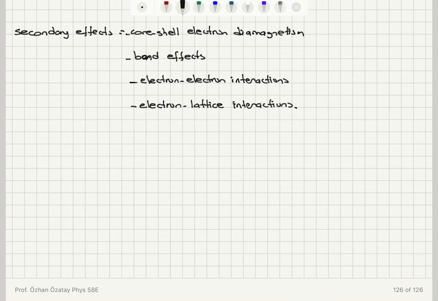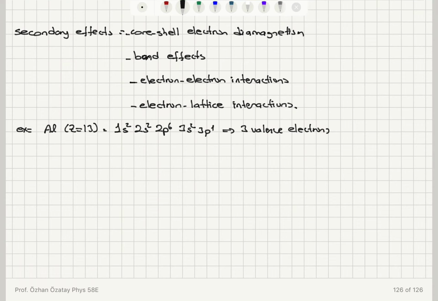Okay, examples of Pauli paramagnets. Aluminum has atomic number 13. Its configuration is 1s2, 2s2, 2p6, 3s2, 3p1. So this has 3 valence electrons that are released into the lattice. So it's a Pauli paramagnet.